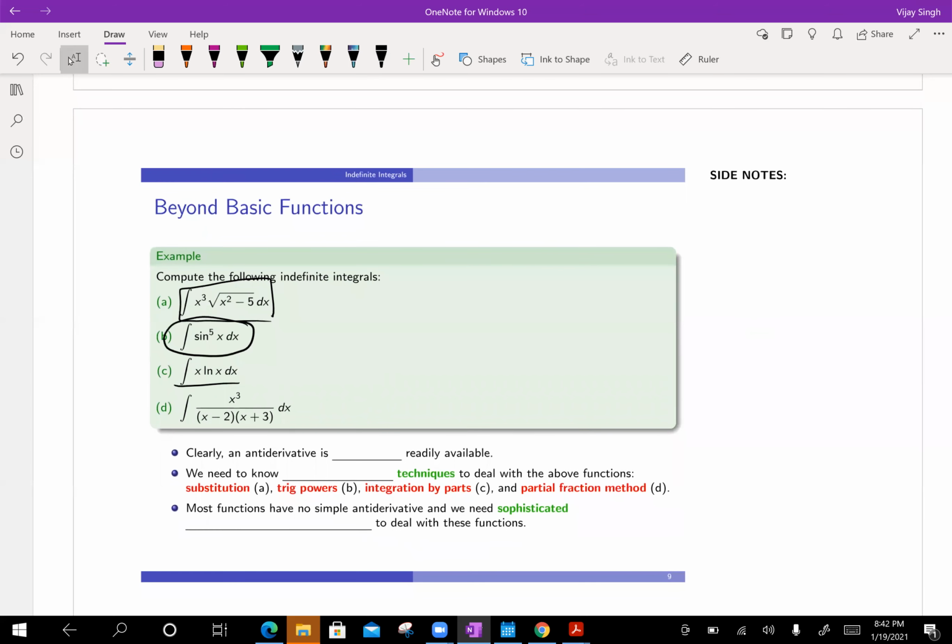So clearly an antiderivative is not readily available. We have to do something more in this case. So we need to know integration techniques to be able to deal with the above functions. Namely, we'll learn substitution rule, trigonometric powers, integration by parts, partial fractions. So we need more methods, which will come in the next part of this discussion, on how to integrate slightly more complicated functions.